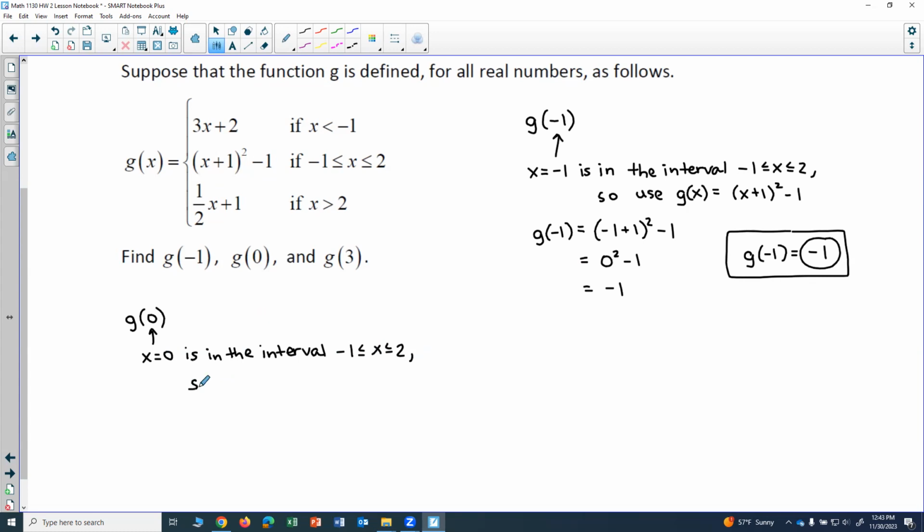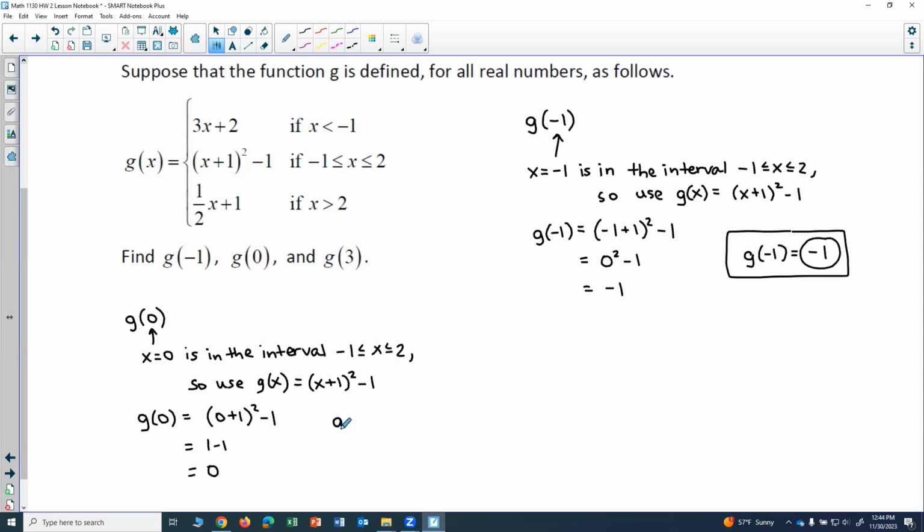So I use the corresponding equation. So I will use g of x equals (x plus 1) quantity squared minus 1. So I will have g of 0 equals, parentheses, 0 plus 1 quantity squared minus 1, which is equal to 1 squared, so 1 minus 1, which is 0.